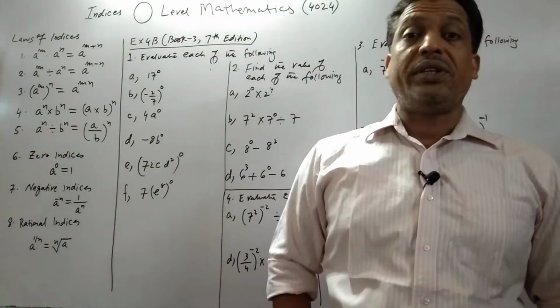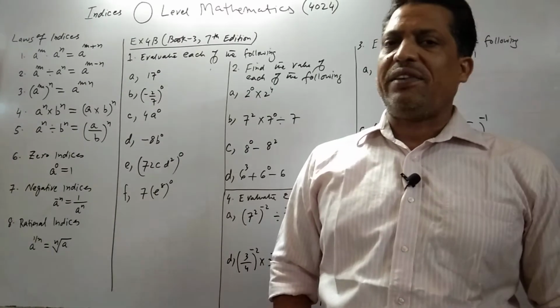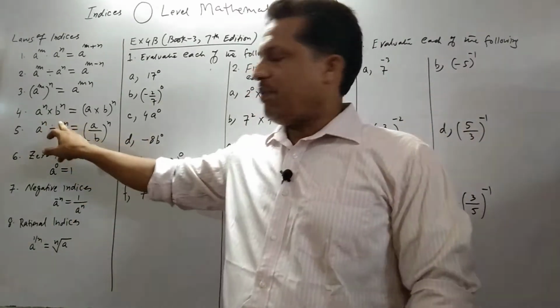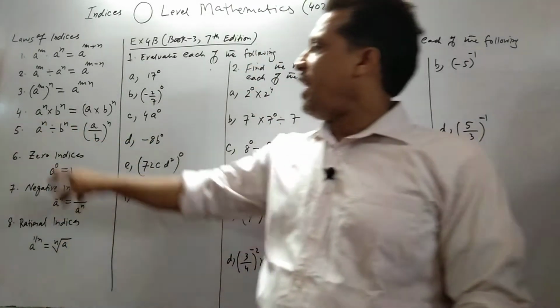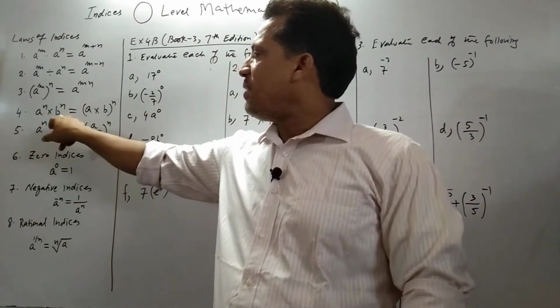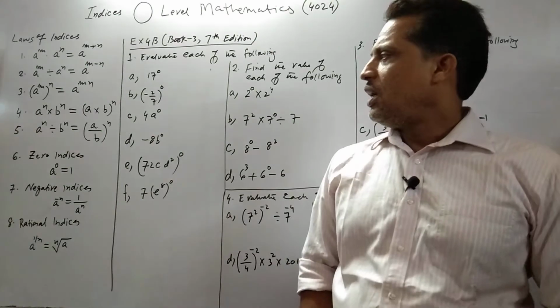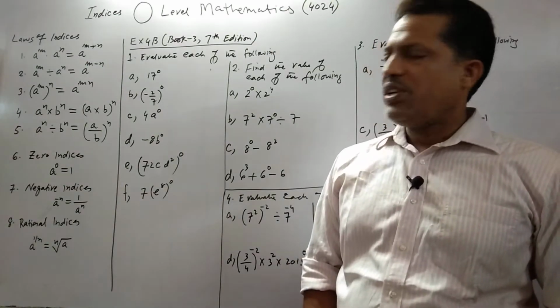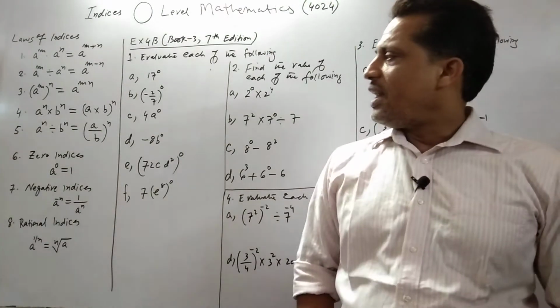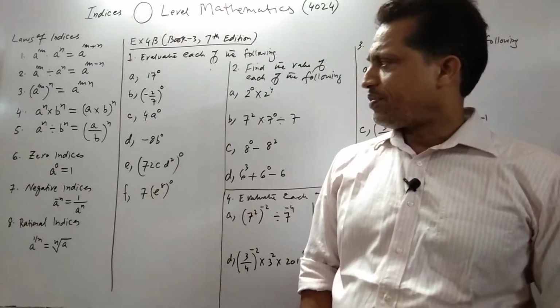If we have two different bases, both divided but the power is the same, then a power n divided by b power n is always equal to a upon b, to the power n. So these are the 5 laws which we studied in our last lecture.